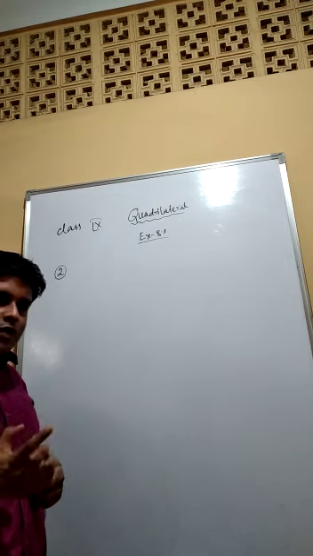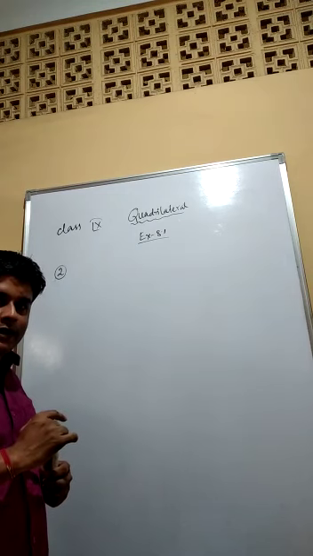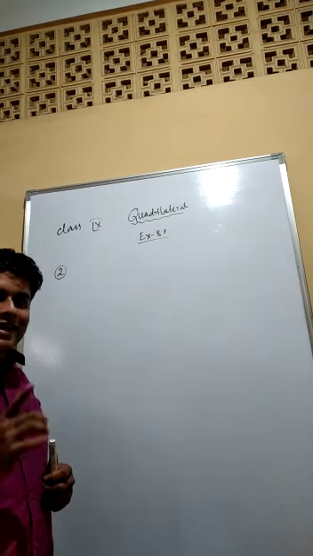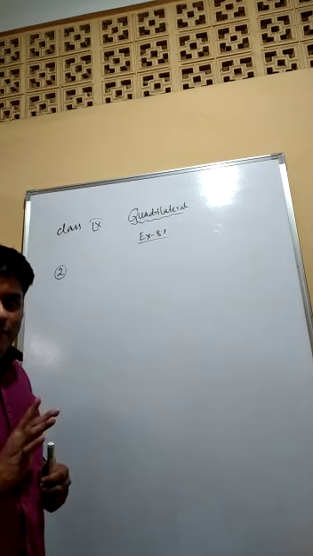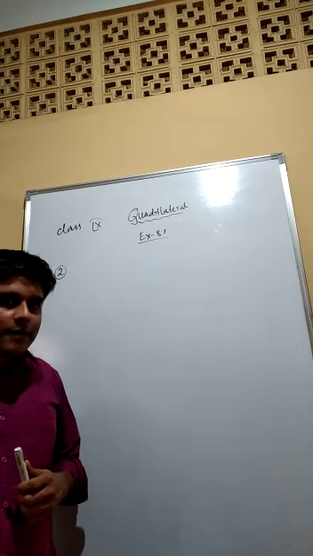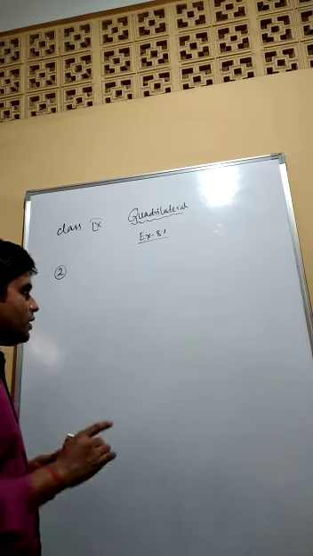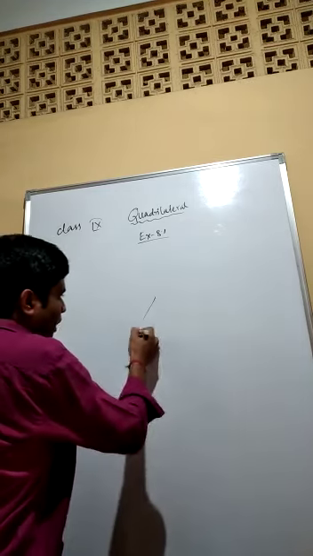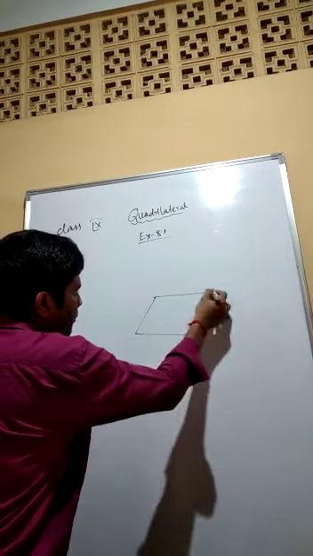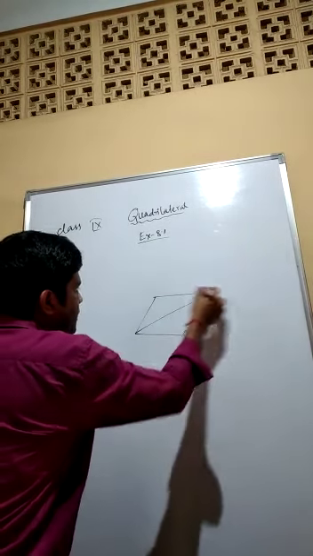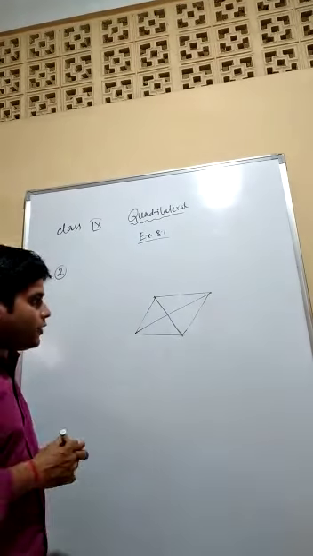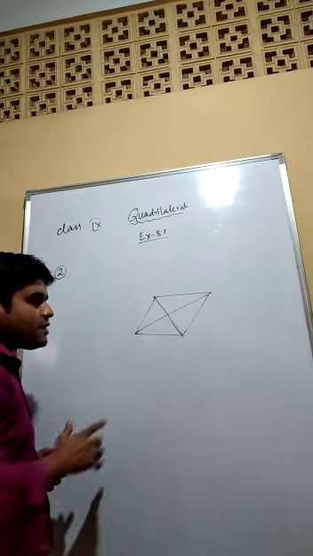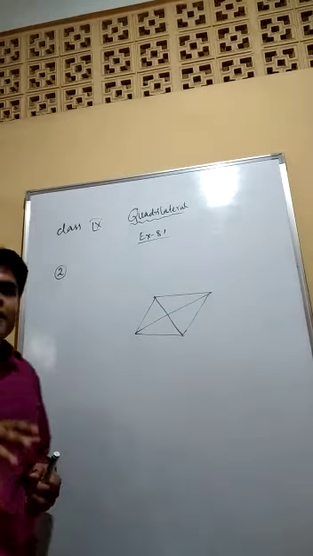Okay. So first you draw one rectangle. Okay. But you don't consider it is a rectangle. It is a parallelogram. As it is given in the question, it is a parallelogram. So now you see, if I draw here one parallelogram, like this, obviously this is not possible because their diagonals are equal. So in a parallelogram, the diagonals are equal, then we have to prove it is a rectangle.